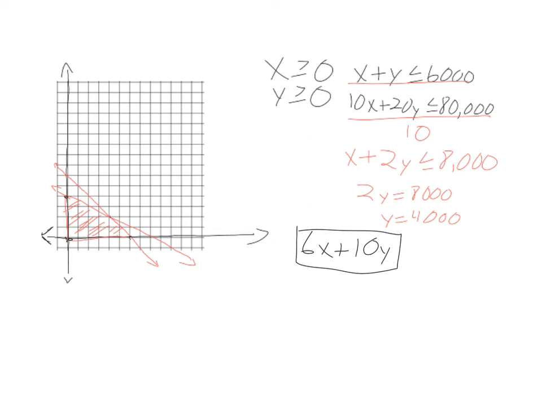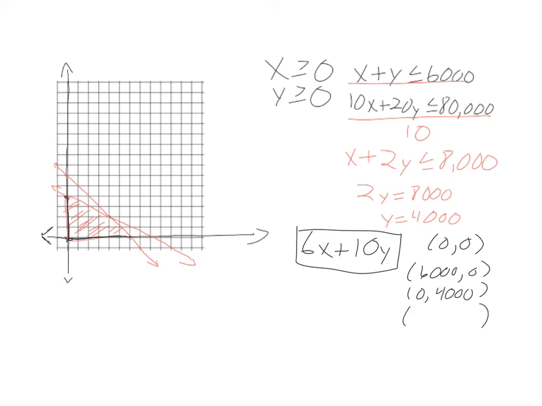So one of the vertices is 0, 0. Another one is this x-intercept here, which is, what is that, 6,000? And then the y is 0 there. And there's another one, I'm going to do another easy one along the y, which is going to be, what is that, 0, 4,000.